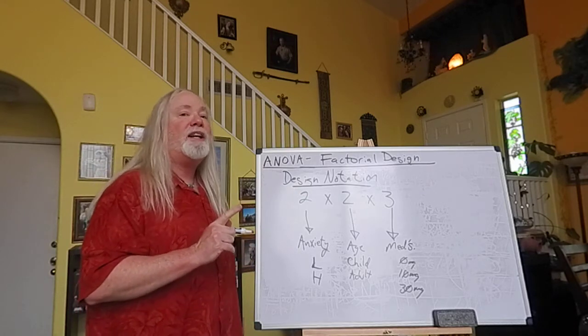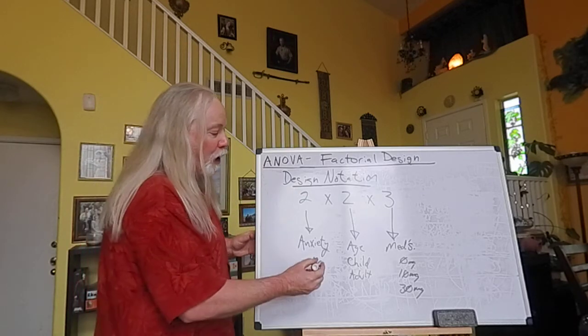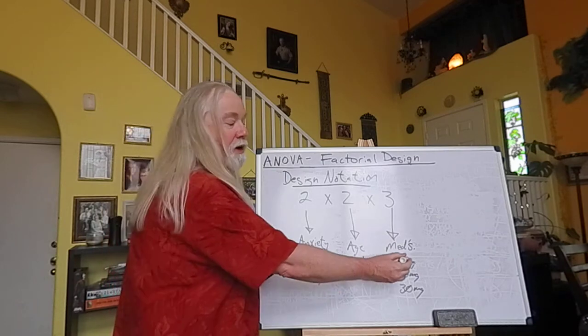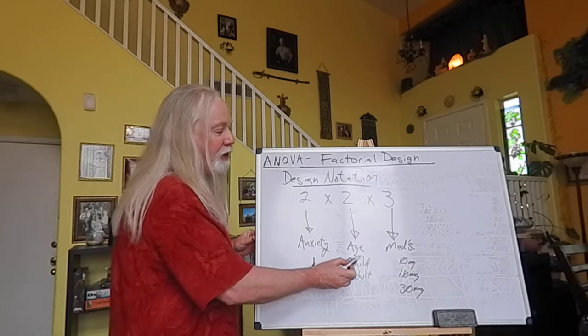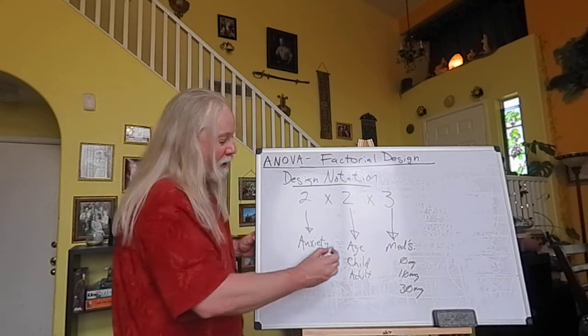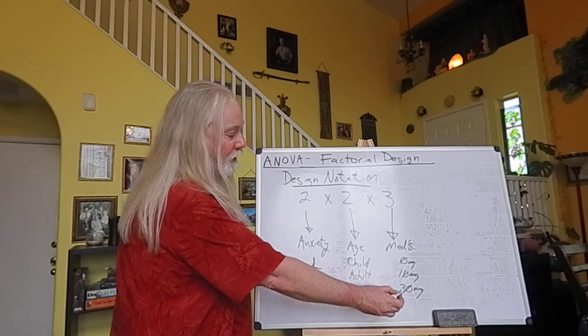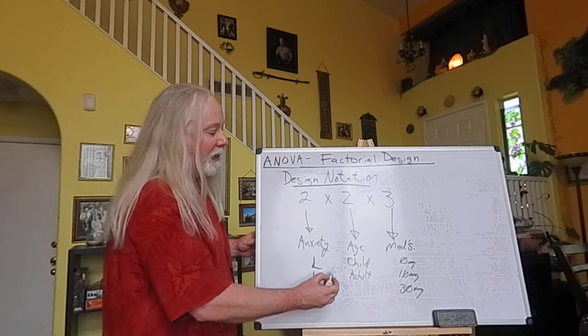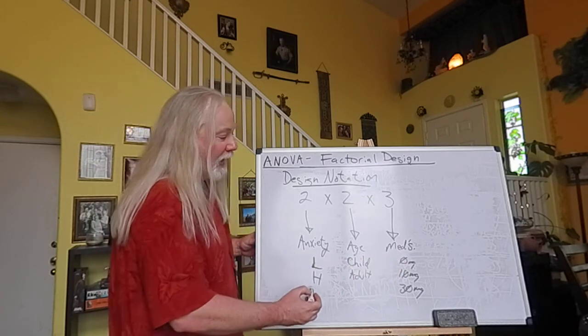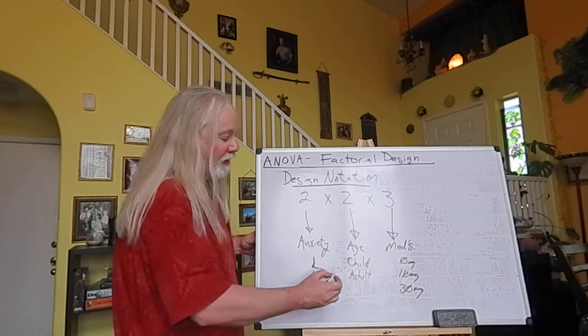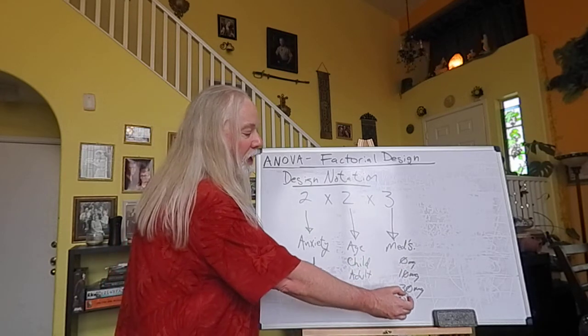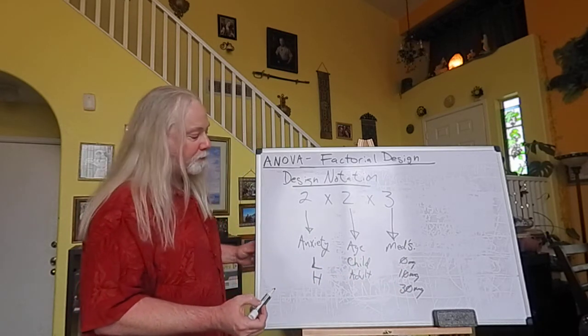Look at all the interactions that we would have to do here. Low anxiety children on no med. Low anxiety children on medium med. Low anxiety children on high med. High anxiety children on no meds. High anxiety children on mid meds. High anxiety children on high meds.